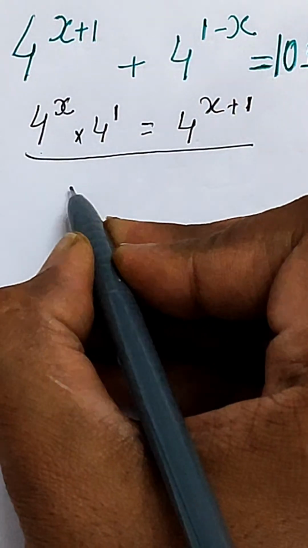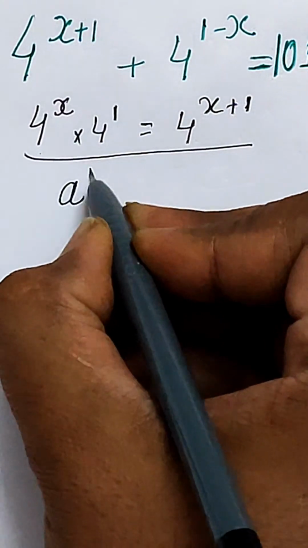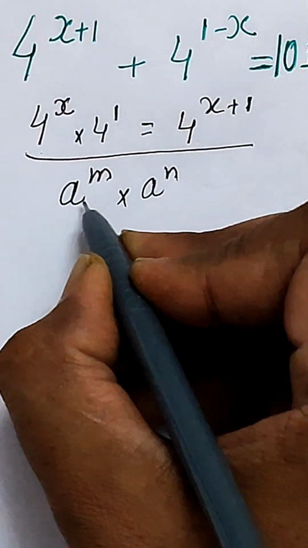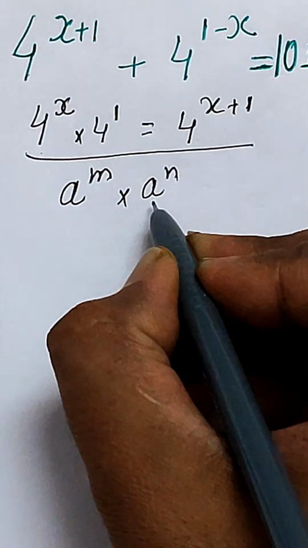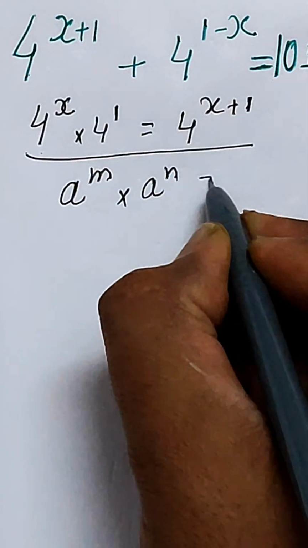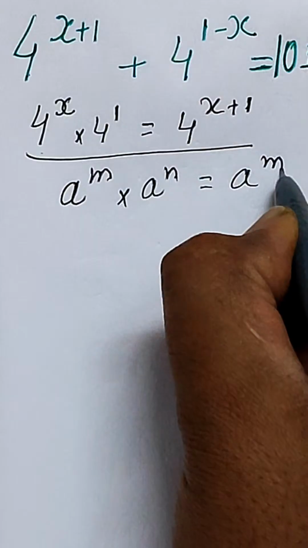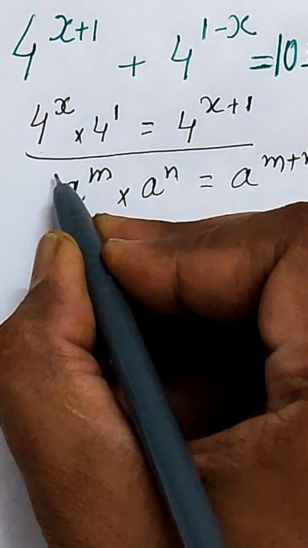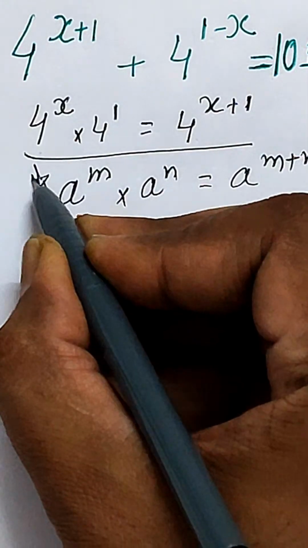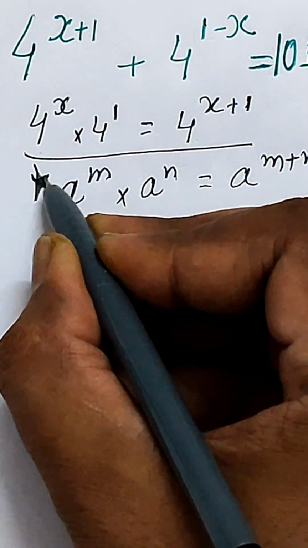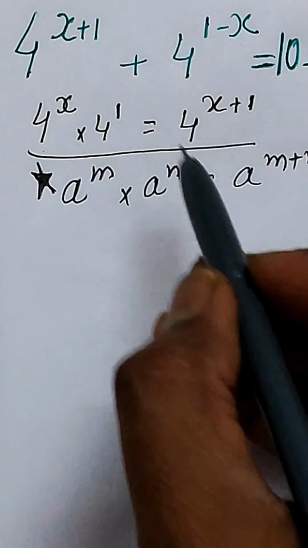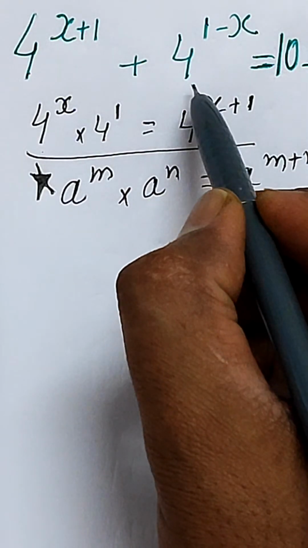Since you know the formula a power m into a power n, when the bases are the same and they are multiplied together, then their exponents are added, right? So we have used the same formula over here. We'll apply the same formula to break the second term also.